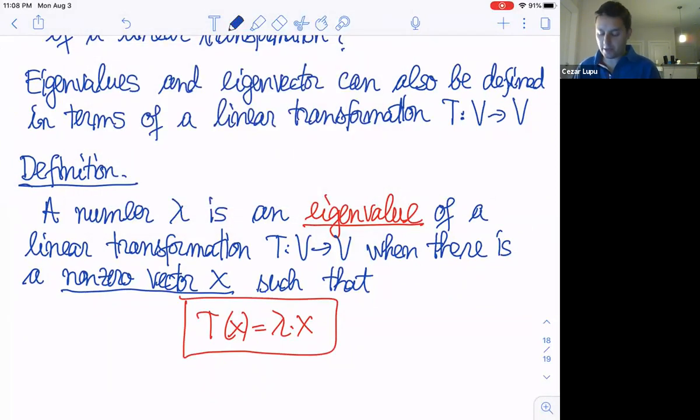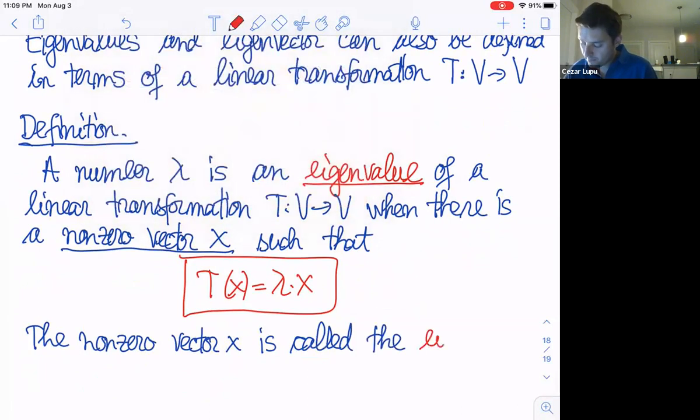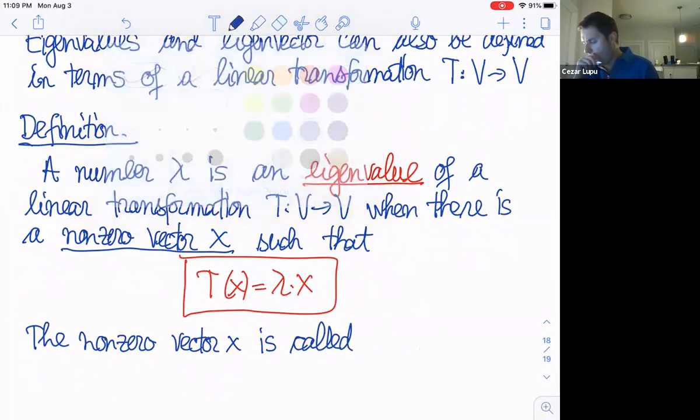This non-zero vector, the non-zero vector X, is called the eigenvector.